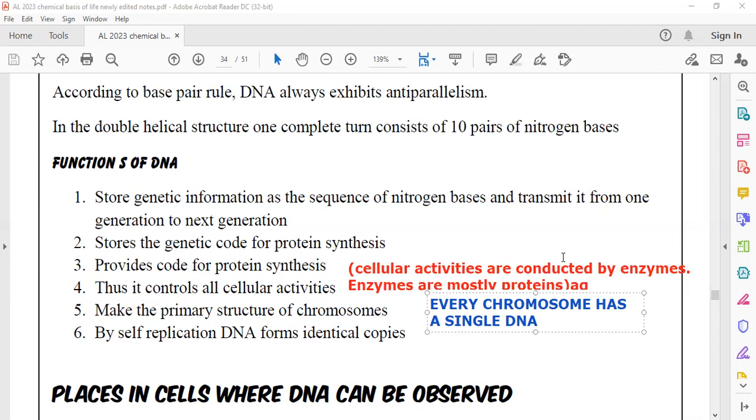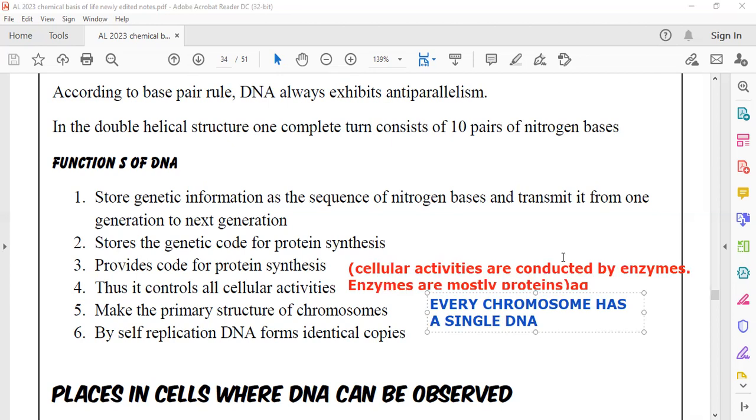One chromosome has one DNA only. The DNA size is nearly 2 meters.